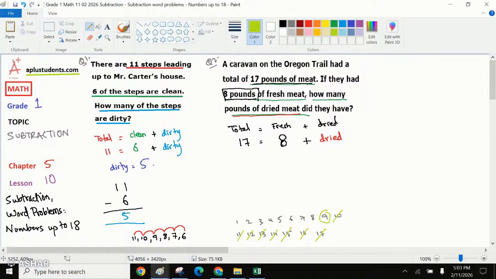And we are left with, that means dried meat would be 9, and the meat weight is always given in pounds, right? 9 pounds. Do we agree?